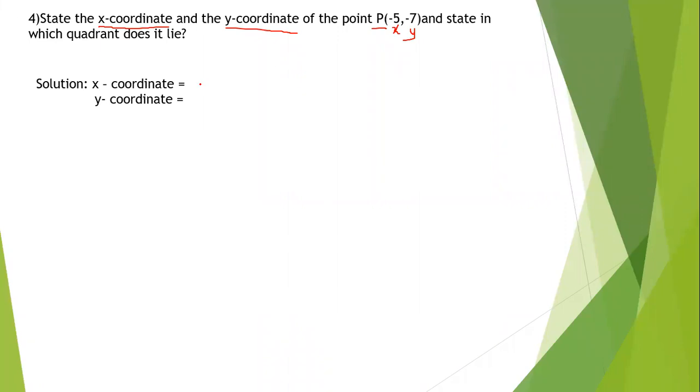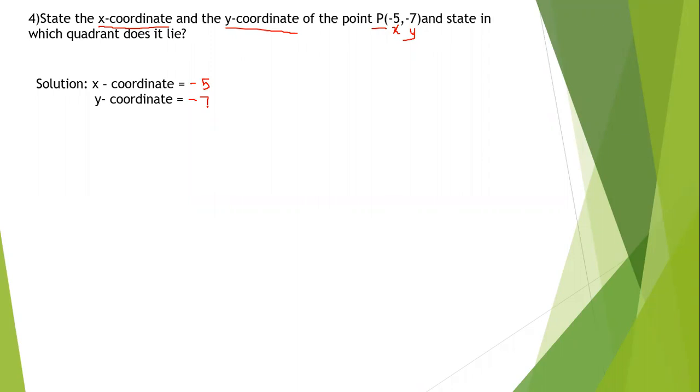So we will write here x coordinate is equal to -5. And what is the y coordinate? Y coordinate is -7. So here we will write -7. Okay. So always remember the first coordinate is the x coordinate and the second coordinate is the y coordinate.